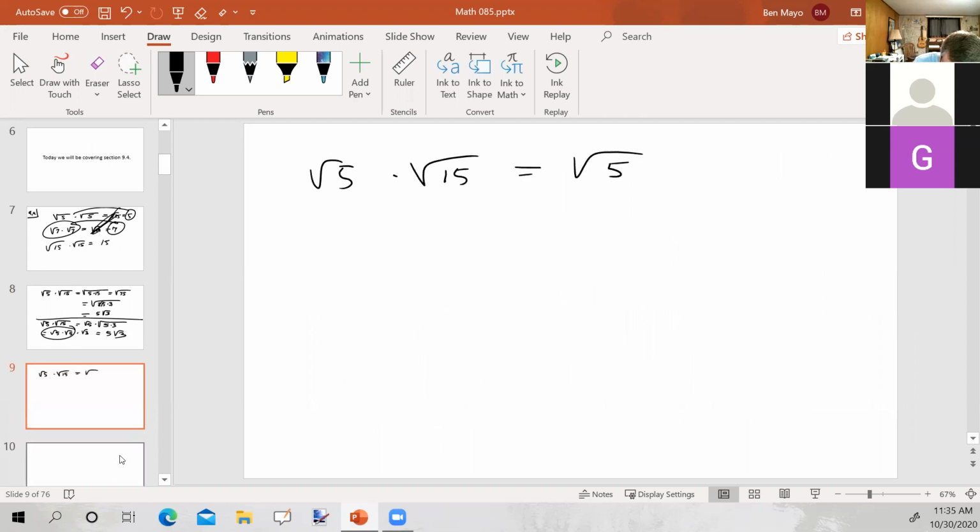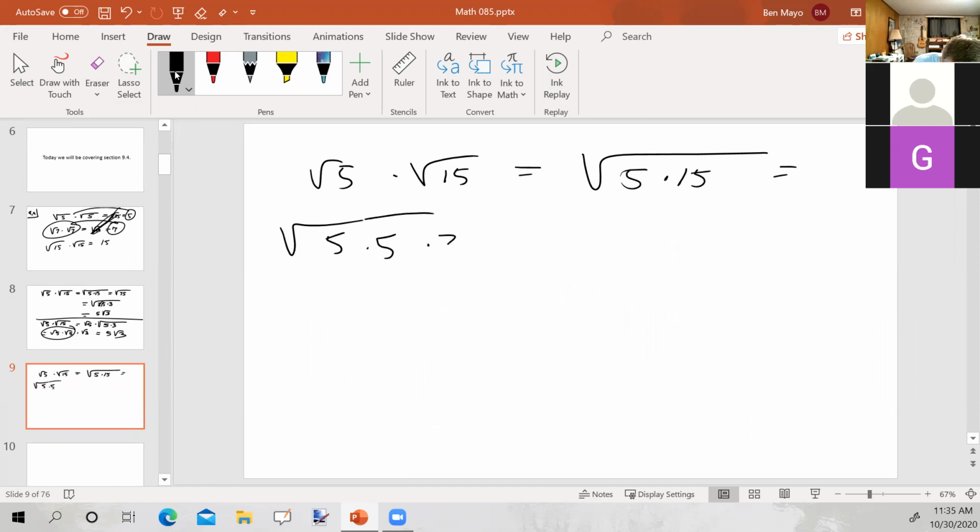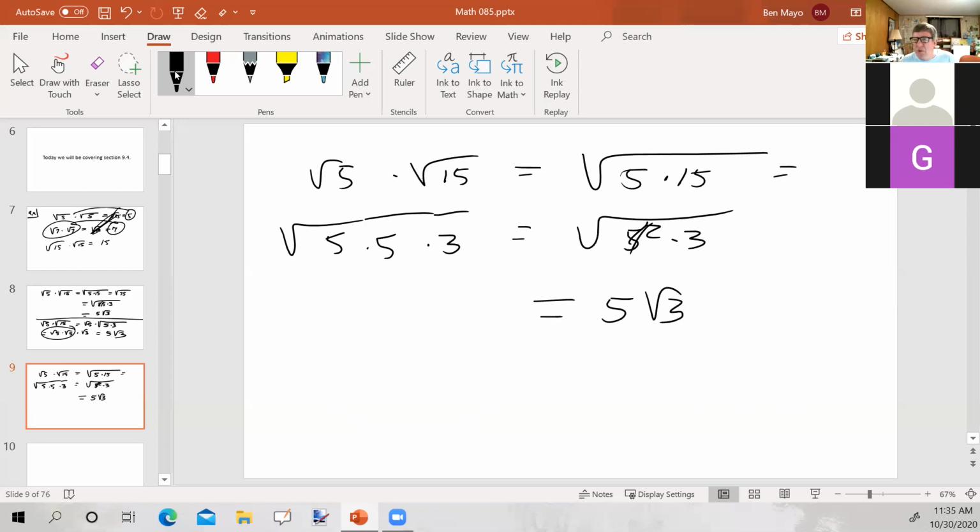This would be equal to the square root of 5 times 15, or the square root of 5 times 5 times 3, which is the square root of 5 squared times 3, which is 5 square roots of 3. I'm really doing the same thing, just slightly different ways of doing it. And they're all good. It's just however you want to go about it. But you see what I did there? In each case, I'm getting those 5s together.